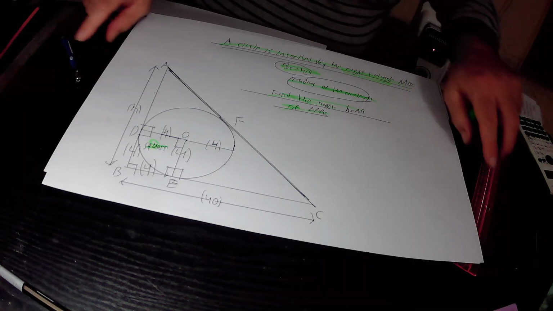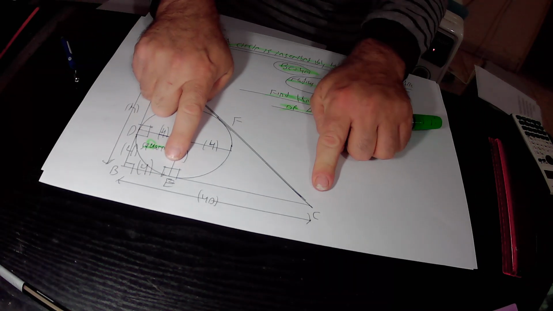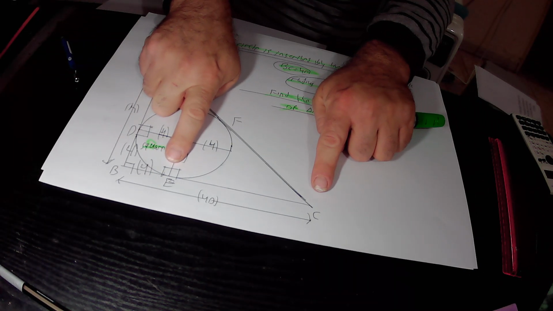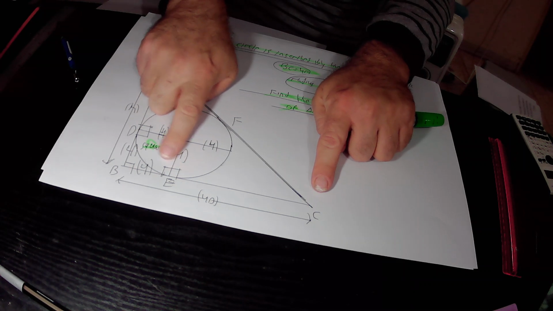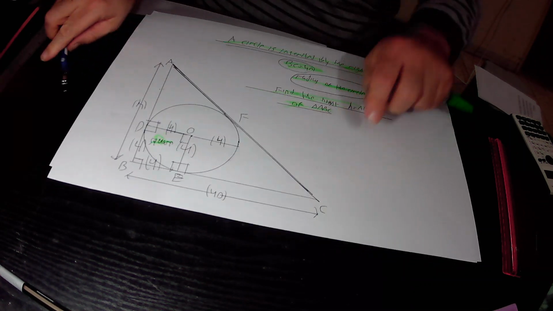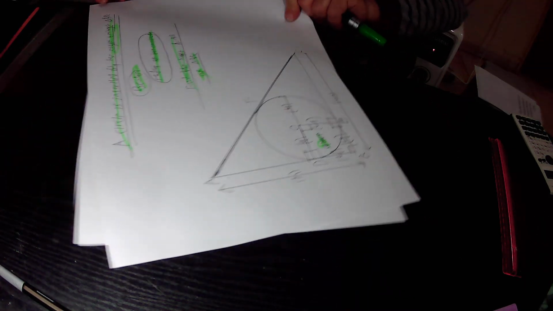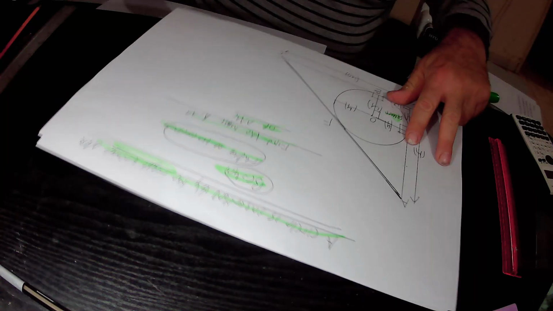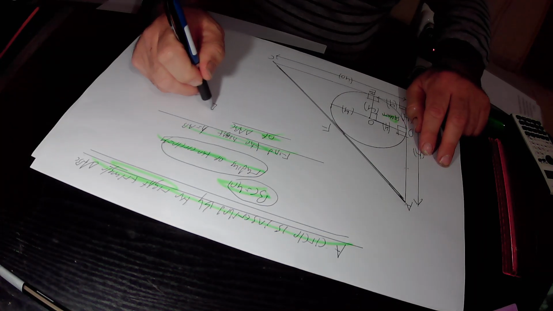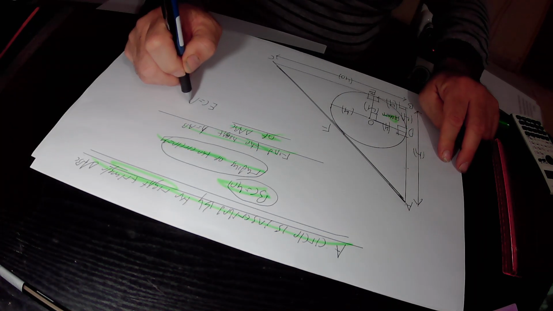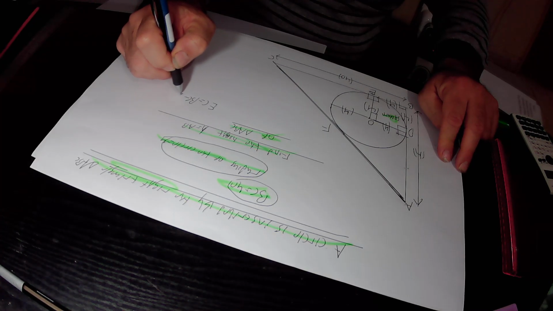What is the length of this missing side EC? From the drawing, it is very easy to see that EC equals BC minus BE.